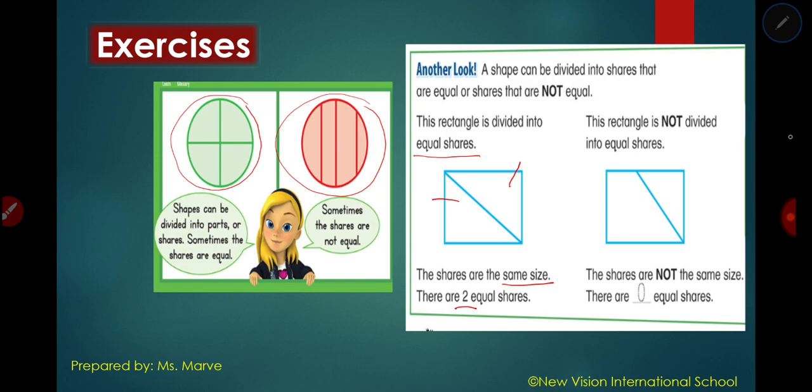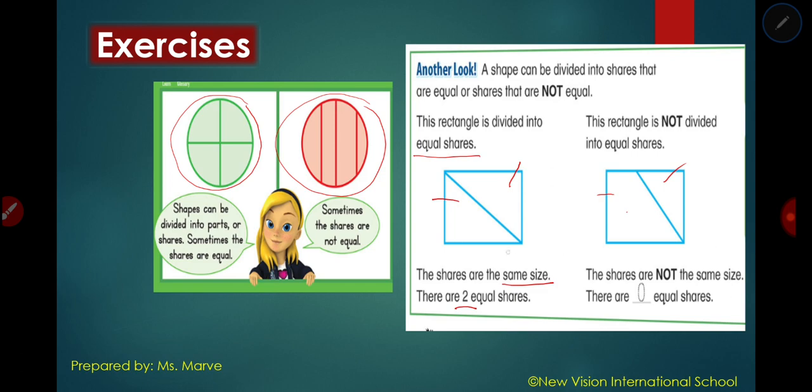How about the other side? It shows not equal or not equally divided. How did you know? Because the sizes are not the same, unlike the first example. Like in here, one part is smaller than the other, and the bigger part is bigger than the other part.